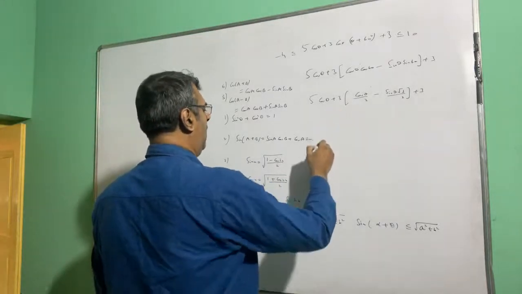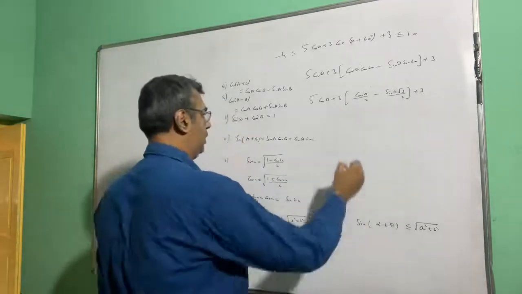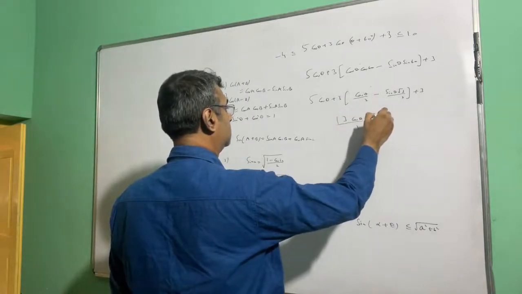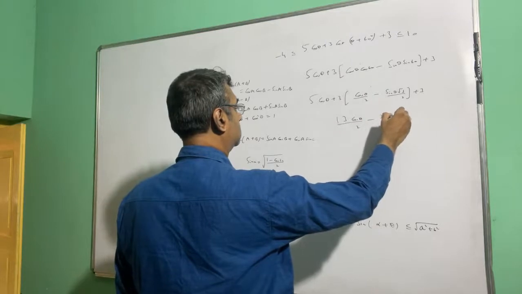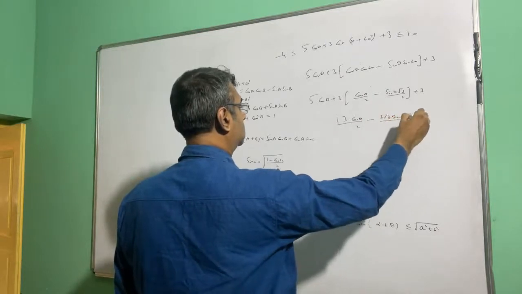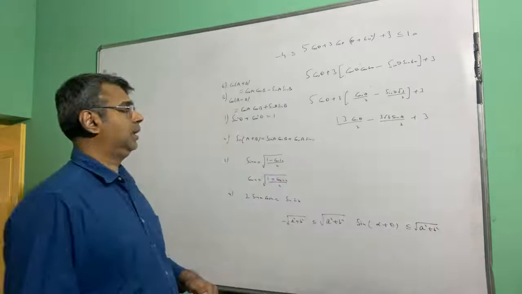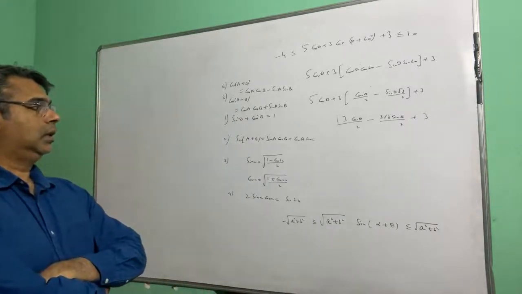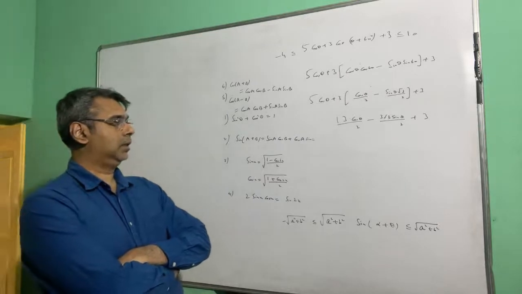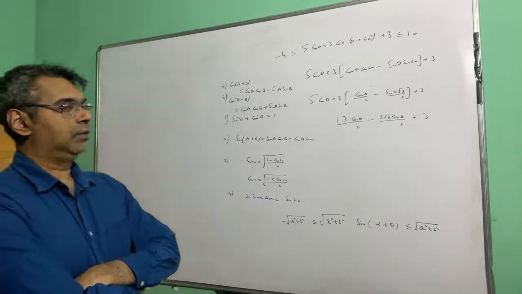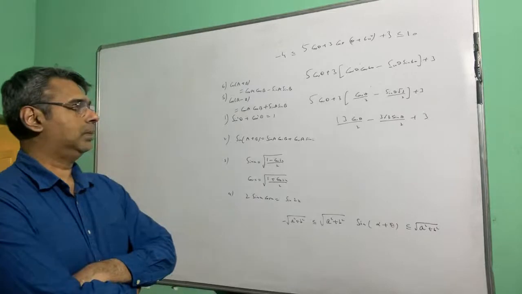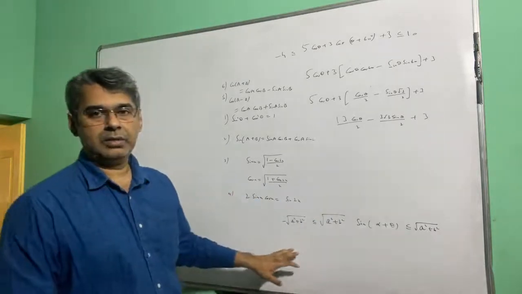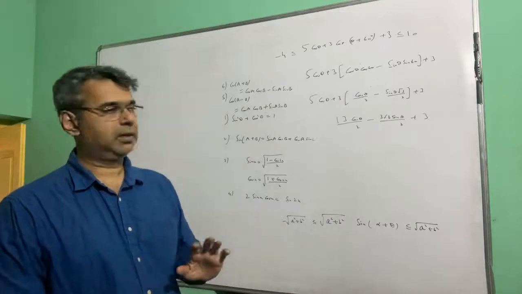So after taking LCM, you are getting 13 cos theta by 2 minus 3 root 3 sin theta by 2 plus 3. We have to find the maximum and minimum value. So by now we know that we have a direct theory, so we don't need any more derivation, direct theory.